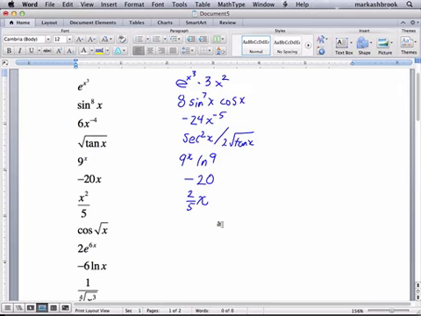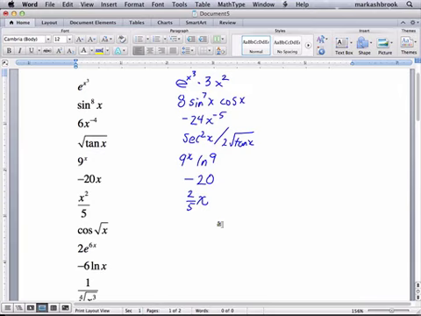The ones that look like a fraction, look like quotient rule, you start by rewriting them without a fraction. Underneath.